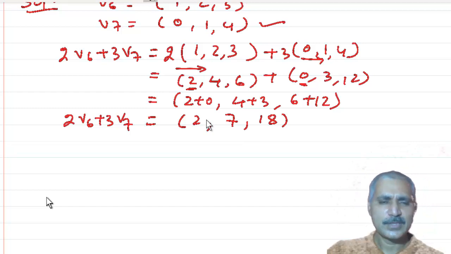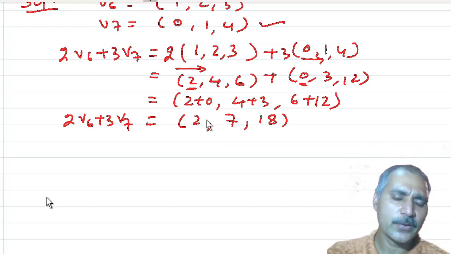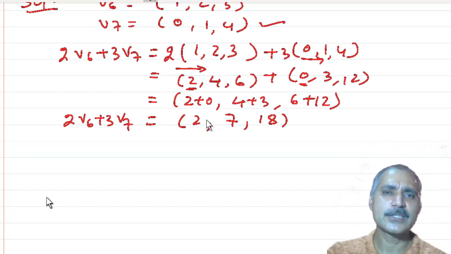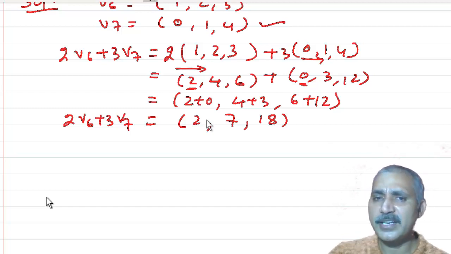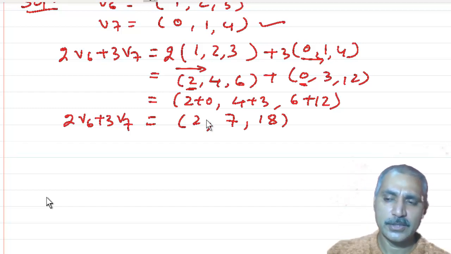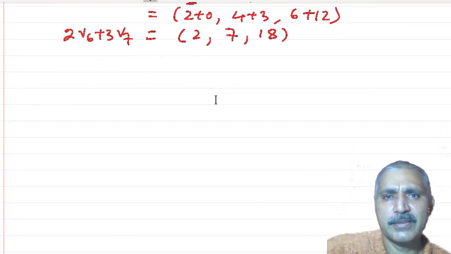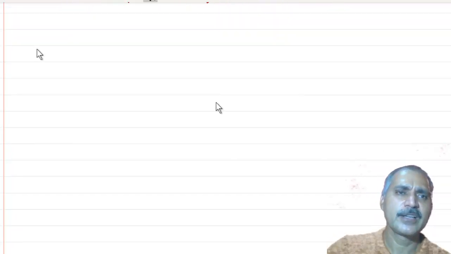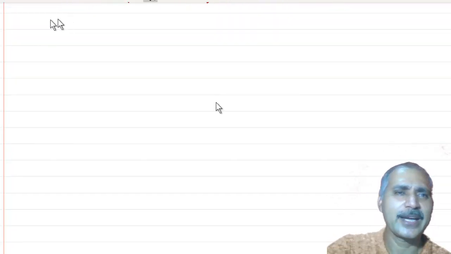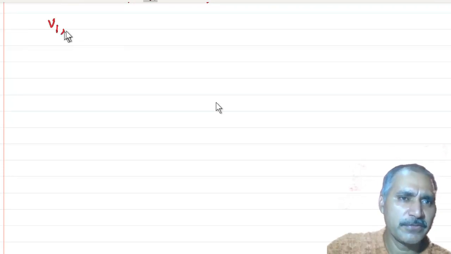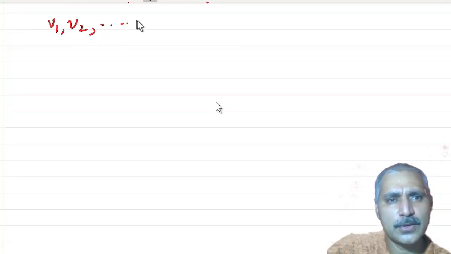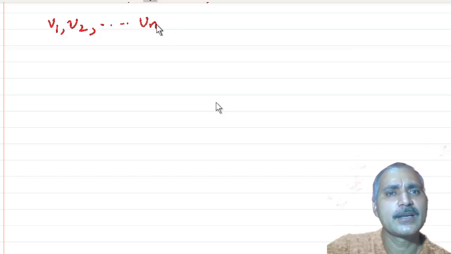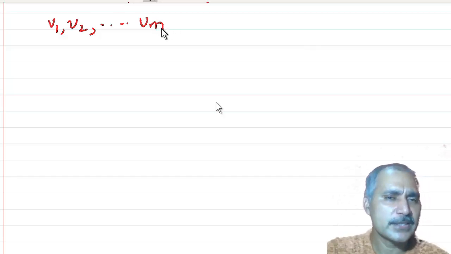Now the next thing which we intend to do is to check whether the given set of vectors are linearly independent or not. Now when it comes to a set of given vectors to be linearly independent, suppose we have been given m vectors. Suppose v1, v2, up to vm are m vectors given to us of the same tuple.